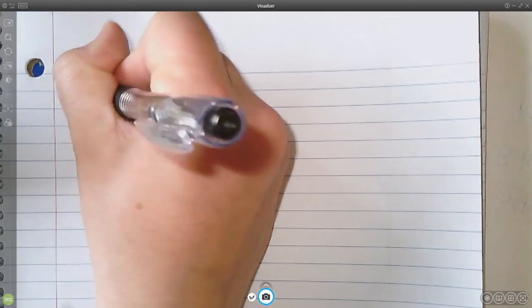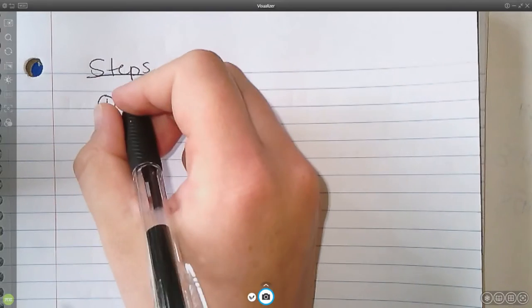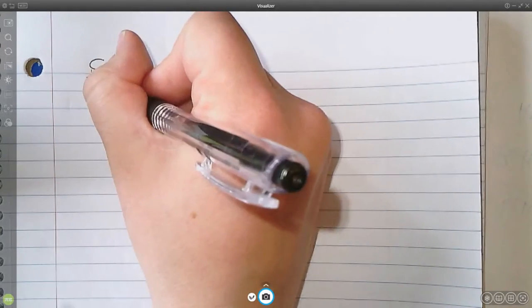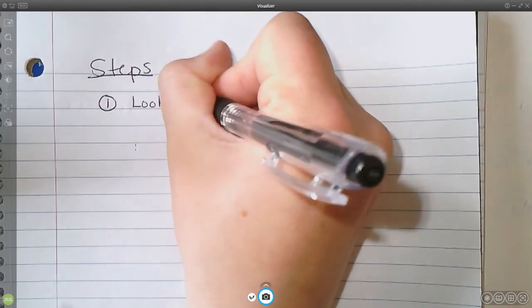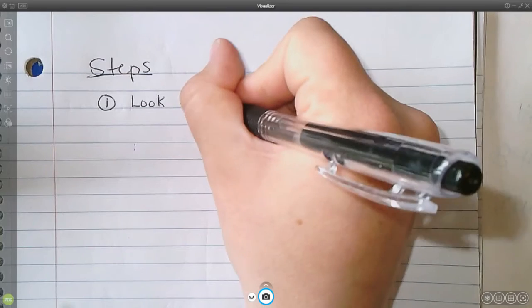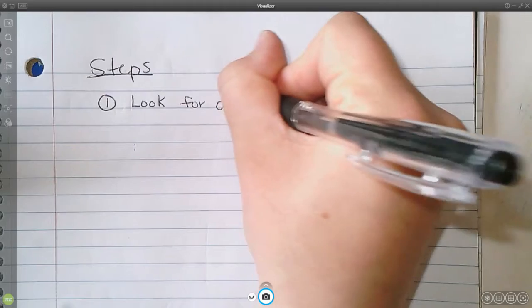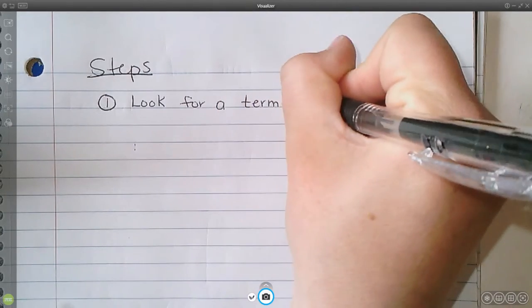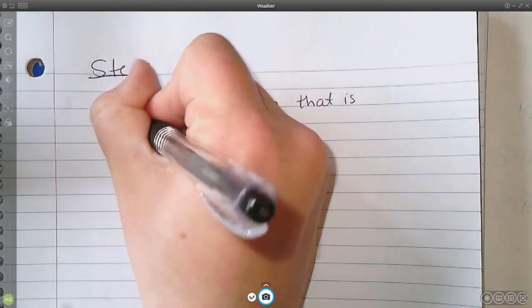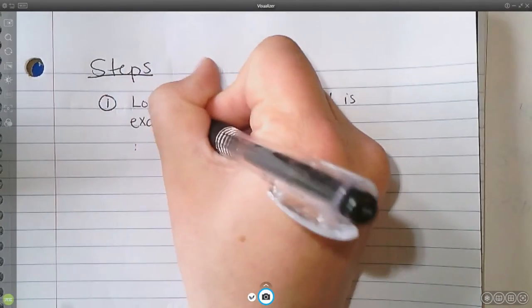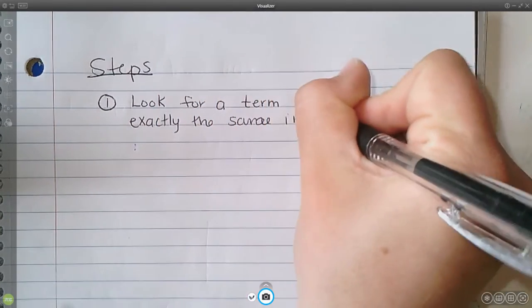Okay, so step 1, you want to look for a term that is exactly the same in both equations.